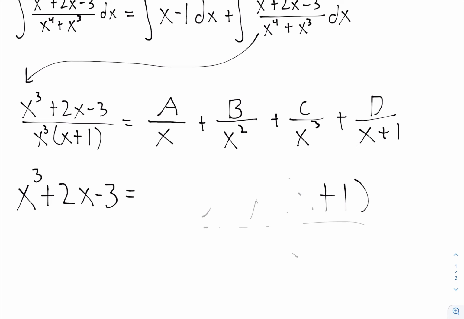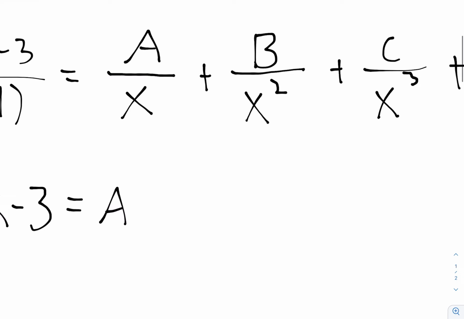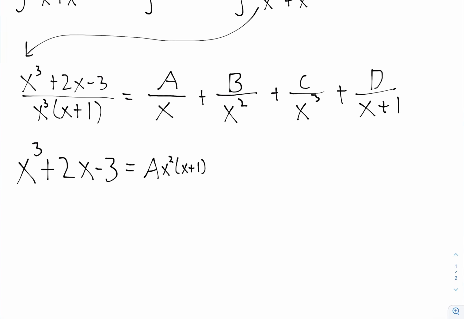So we're going to get a times x squared times x plus 1. Notice it's the exact same thing as the denominator, except it's a factor of x smaller, because we're dividing the denominator by x.